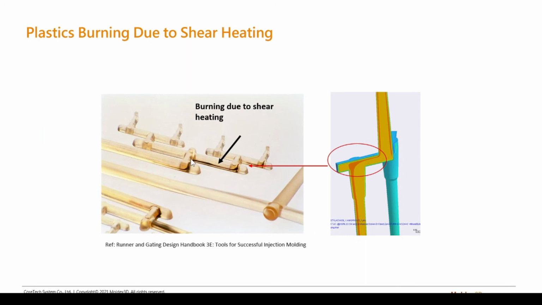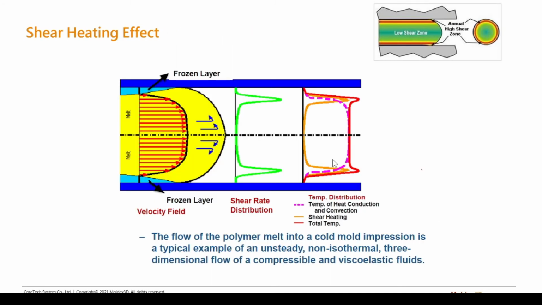All right, and then finally, burning due to shear heating. Whenever the material is moving through the runners, we get a shear heating phenomenon, and that can cause burning if the stress induced by that shear heating is too high. So we're going to look at shear heating in a little bit higher detail, and the thing you need to know is that the highest amount of velocity gradient is going to be just inside of this frozen layer.